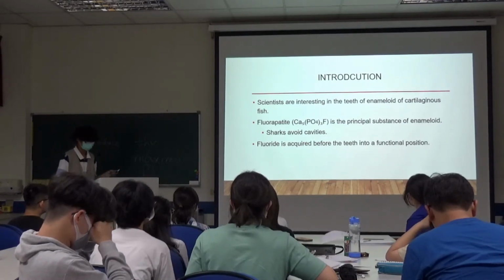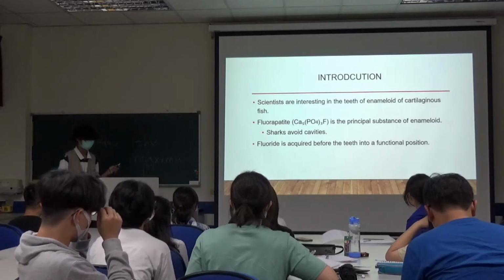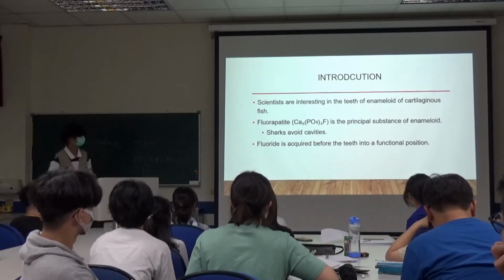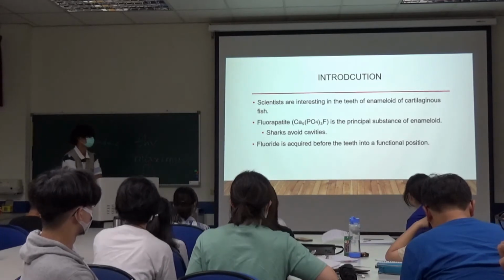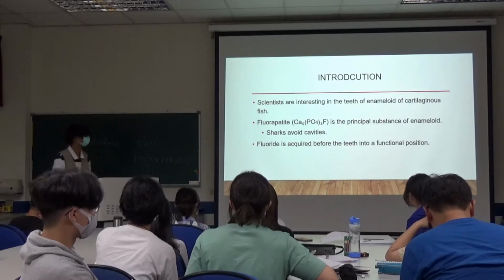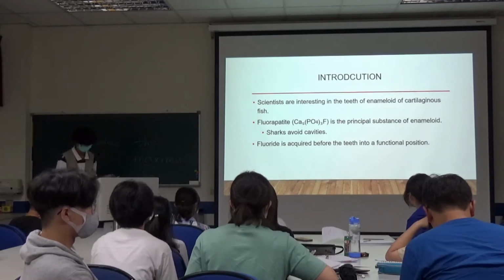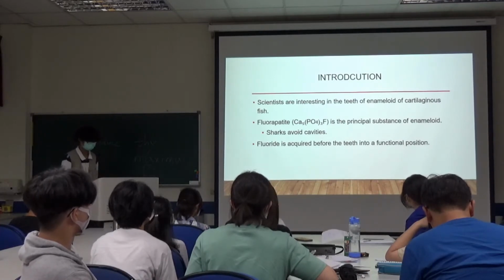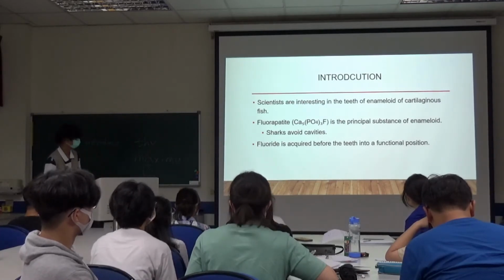So this fluoride protects sharks from cavities. Cavities are like when you eat too much sugar and your teeth get cavities. So this fluoride is acquired before the teeth become functional.